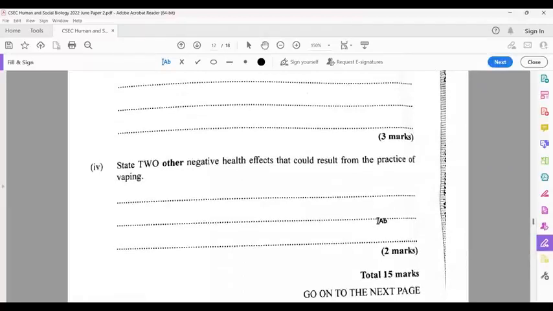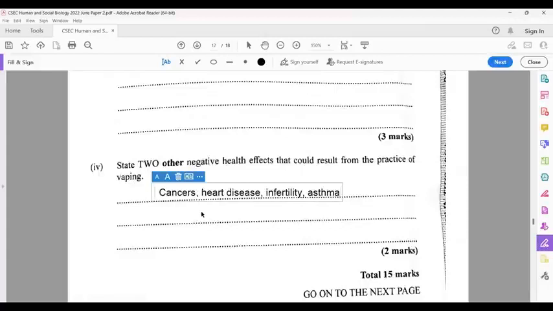State two other negative health effects that could result from the practice of vaping. And I hope anytime persons are thinking about smoking, that you would think about cancers. Other than dental, you should think cancer, you should think throat cancer, you should think lung cancer, you should think a lot of cancers.